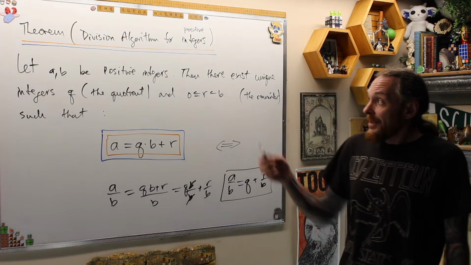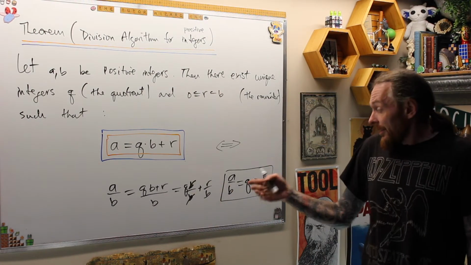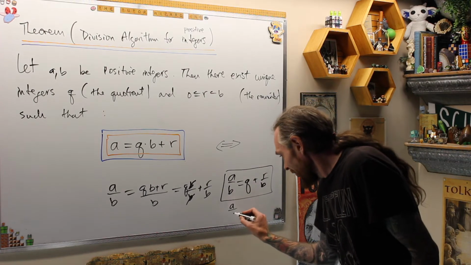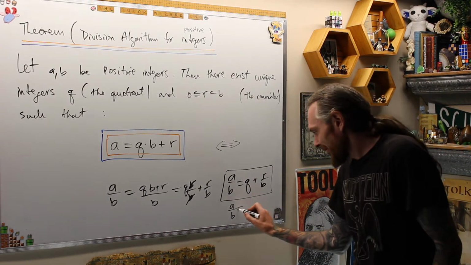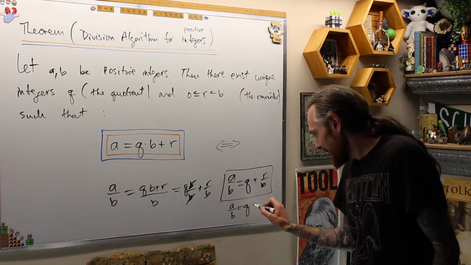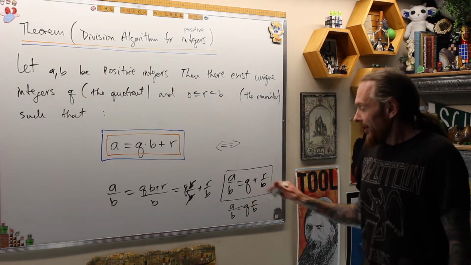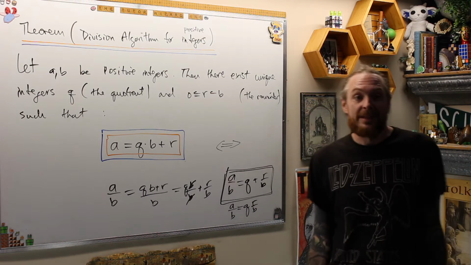This is how we use the division algorithm for integers to write this as a mixed fraction, which I don't particularly like, but they will write it as q times r over b. And then they say you multiply, no, it's a sum. It's a sum. This is how we do that.